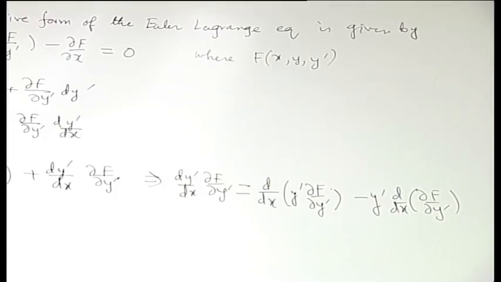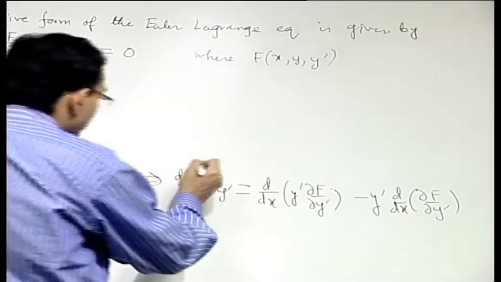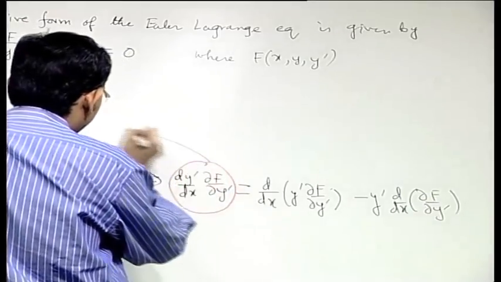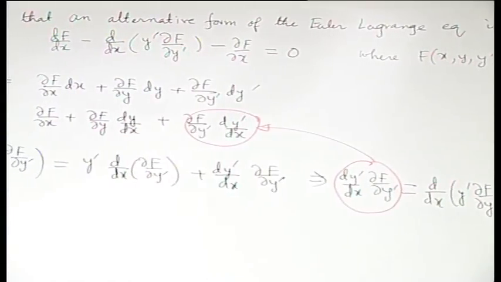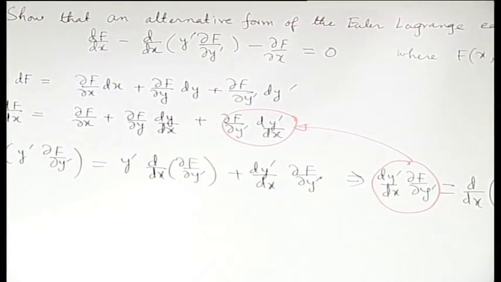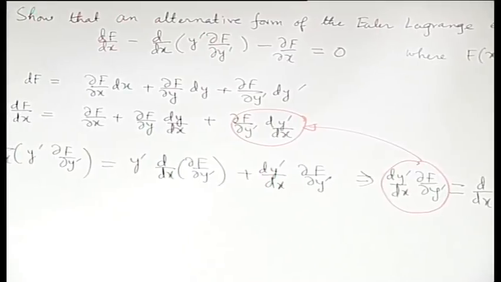We will incorporate this expression for dy dash dx into del f del y dash here, or substitute that expression here. If we substitute that expression here, then what we will get?